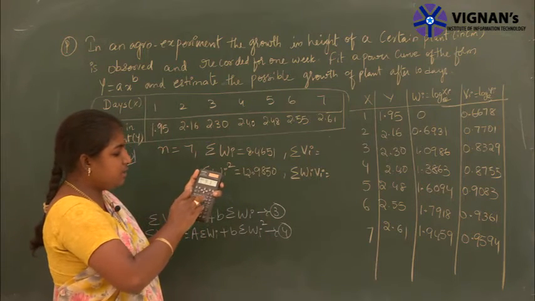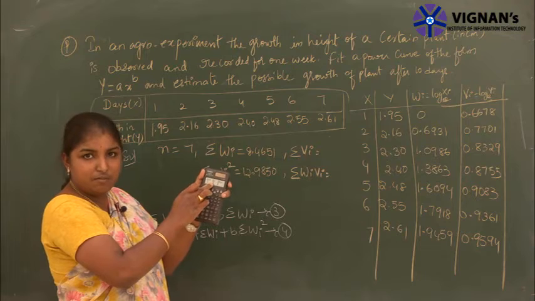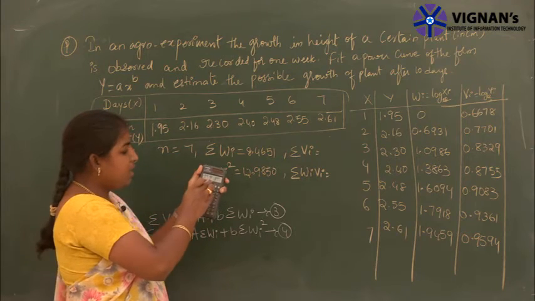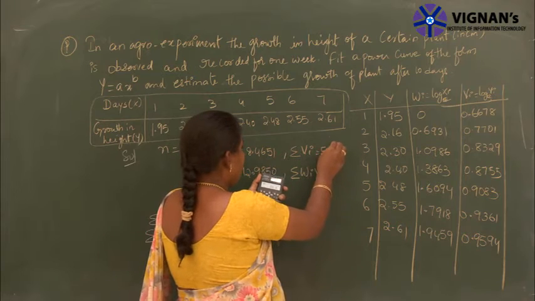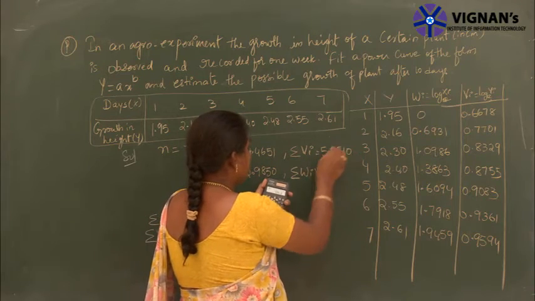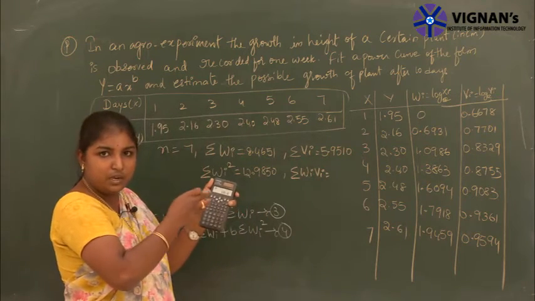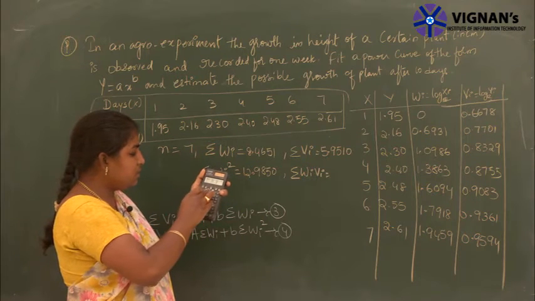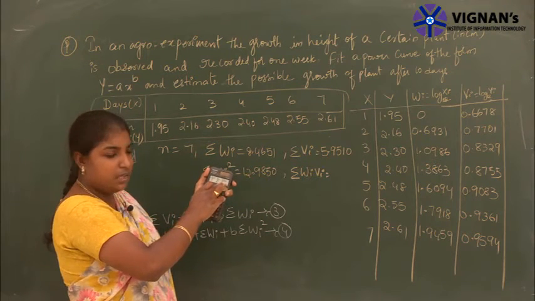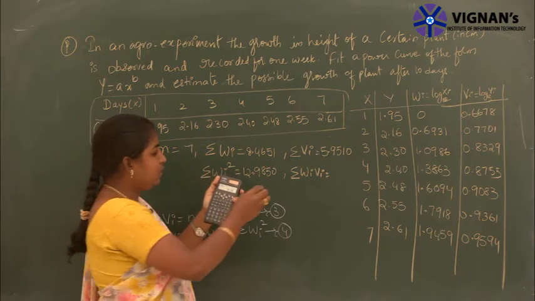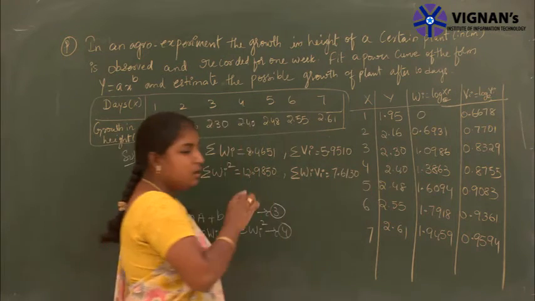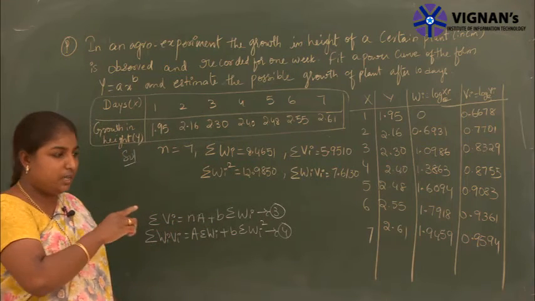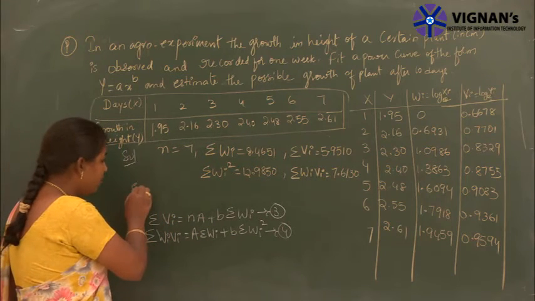Next shift 1, side arrow, summation y means summation vi, so press 2 equal to 5.9510. Next summation wi into vi: shift 1, side arrow, summation xy, press 3 equal to 7.6130. Now all these values we are substituting in equations 3 and 4.